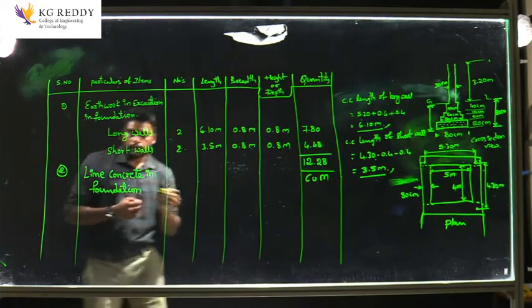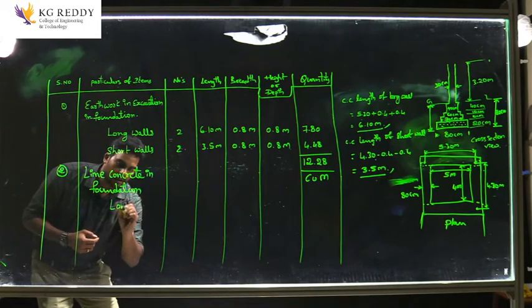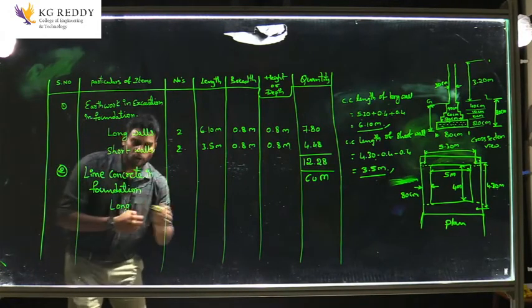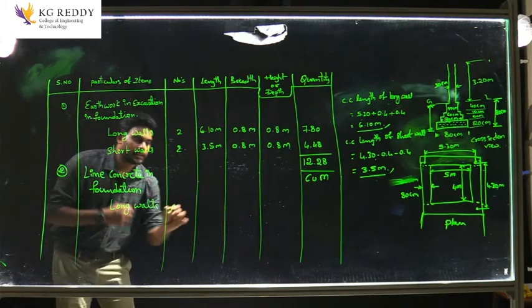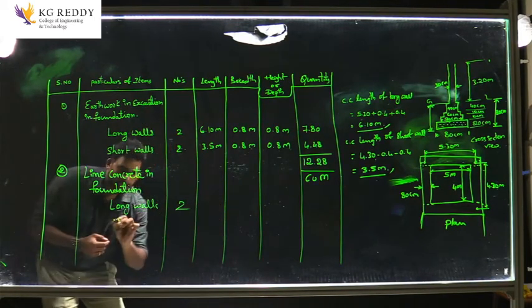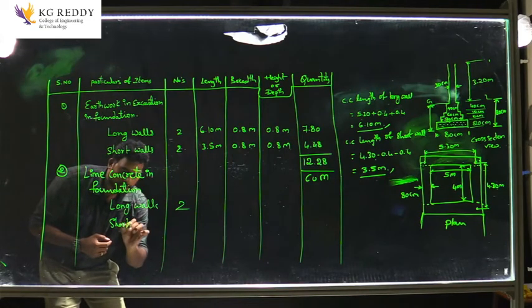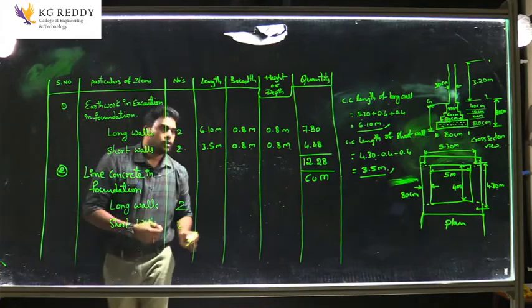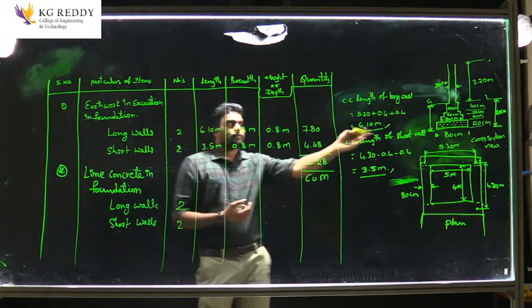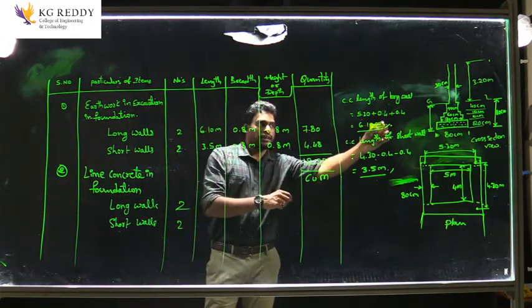Before that, we write how many long walls and how many short walls there are in the lime concrete. Long walls in the lime concrete are the same: there are 2 long walls, and short walls are also 2. So now, this is the lime concrete in foundation on the long wall.